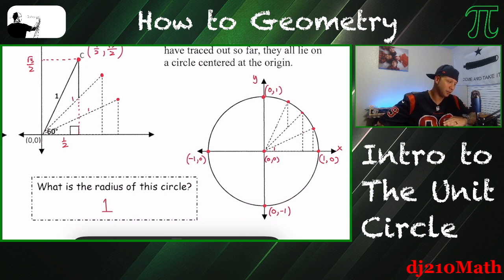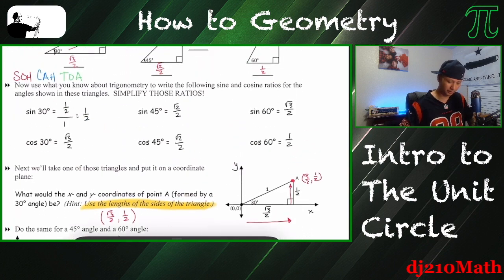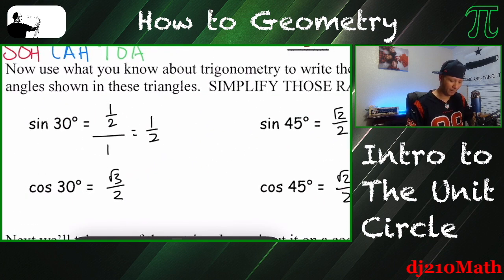The unit circle doesn't necessarily measure the degrees, but it tells you the X and Y coordinates of the degrees. In fact, the X and Y coordinates have to do with sine and cosine, as you saw up here in the examples, right?